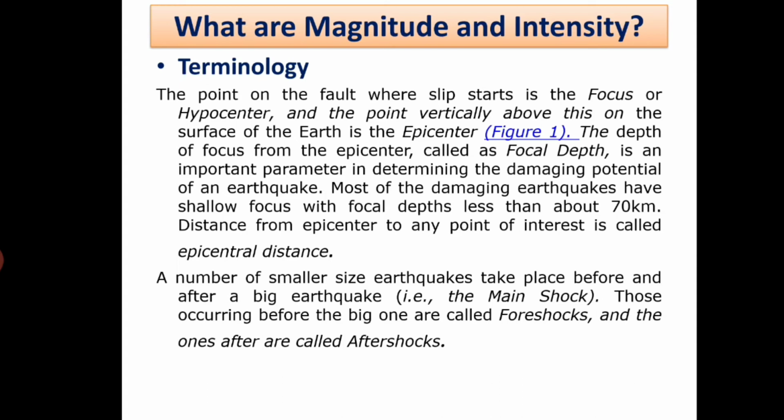The point vertically above this on the surface of the earth is the epicenter. The depth of the focus from the epicenter is called focal depth, an important parameter in determining the damaging potential of an earthquake. Most damaging earthquakes have a shallow focus, with focal depth less than 70 km. The distance from the epicenter to any point of interest is called epicentral distance.